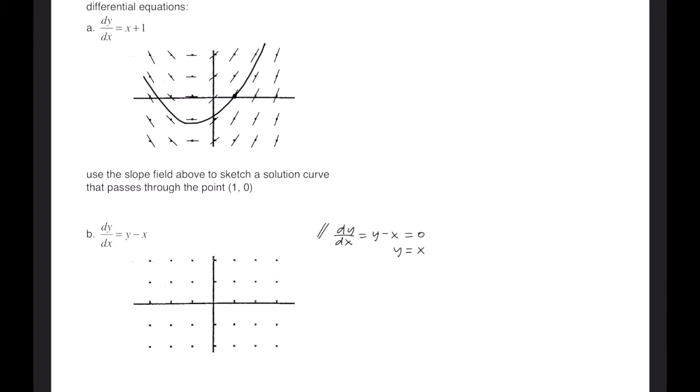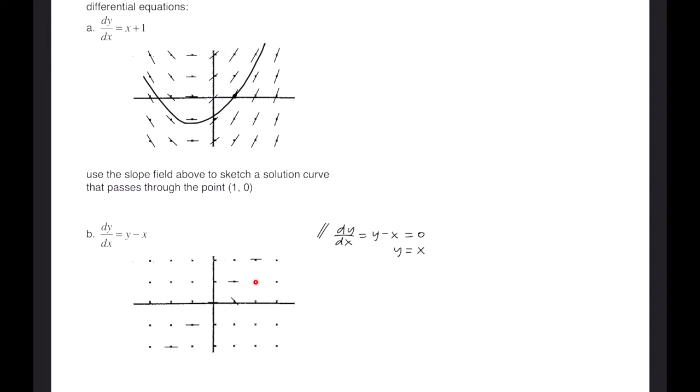So what that means is along the line y equals x, we're going to have slopes equal to 0. Next, I want to look at this line right here. This point along the line is (1, 0). x equals 1, y equals 0. So if we take x equals 1 and y equals 0 and plug it in, we get 0 minus 1, which equals negative 1. So at this point, we have a slope of negative 1.